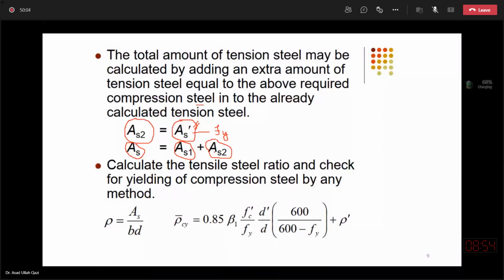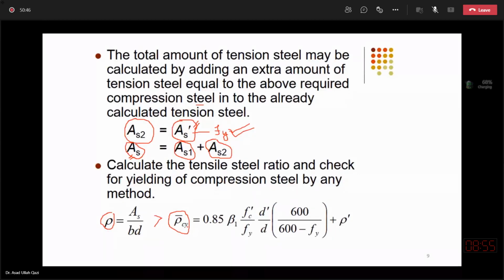So now I will call the rho Cy equation, and I will calculate rho Cy. I will compare it with the calculated rho, because now I have As, and As over bd will give me rho. If it is greater than rho Cy, my design is complete and I need not change anything. What I assumed, I got the same answer, and I will finally sketch As prime on the compression side and As on the tension side. My design is over. I just need to sketch.